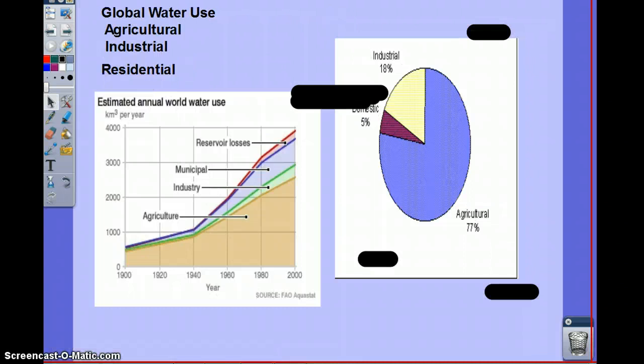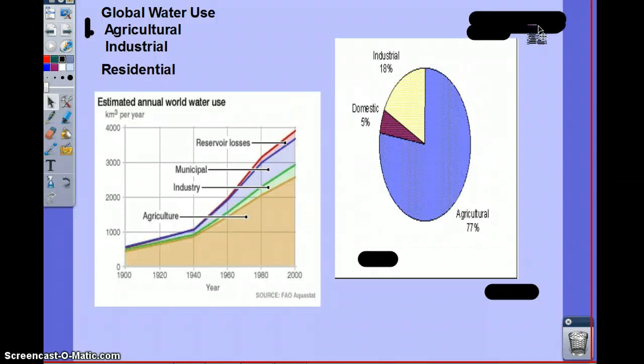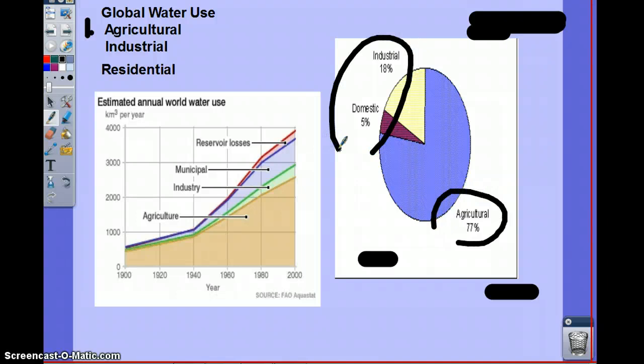So global water use. Number one use is for irrigation of crops or watering crops, and that's agricultural. The second most used is a significantly smaller amount. If you notice, agricultural is 77%, and industry makes up just about 20%.